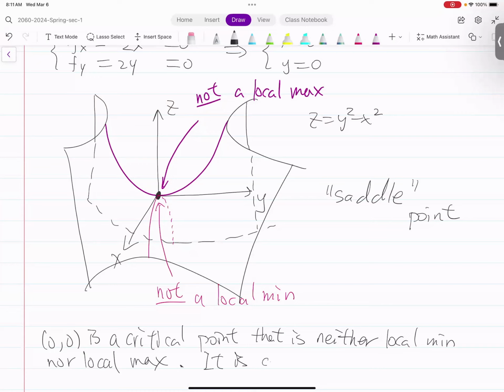It is called a saddle point. Any questions?